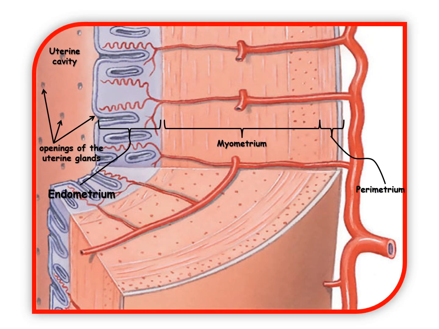So here, this is a zoom of the wall of the uterus. So here, this layer indicates the perimetrium.